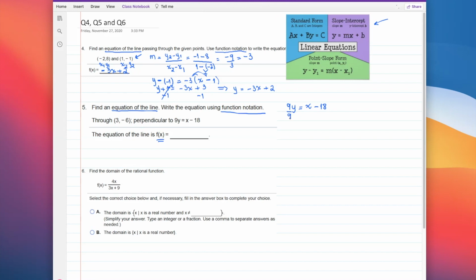So the coefficient of y has to be reduced to 1, and then I divide everything by 9. Then the slope-intercept form for this given line is 1/9 of x minus 2.